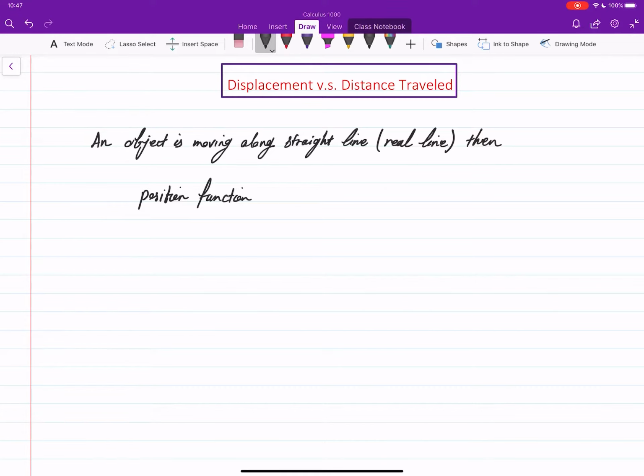What is this? At any given point, at any given time t, p(t) says where is the object at that point. So p(t). And when you have that, we know the velocity: the rate of change of the function p is the same thing as the velocity of the object at any given point.